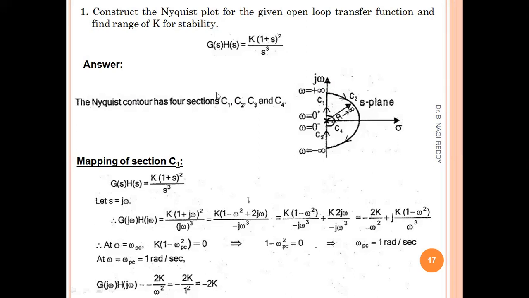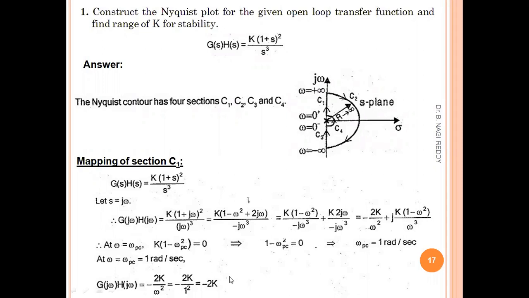The first section is C1, which is from 0 to plus infinity, and this is a straight line. For a straight line, we need to substitute s equal to j omega. So for section C1, substitute s equal to j omega in the open loop transfer function and simplify.